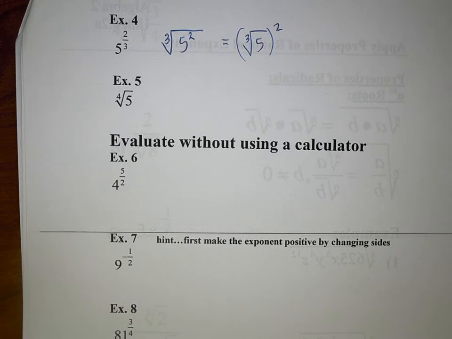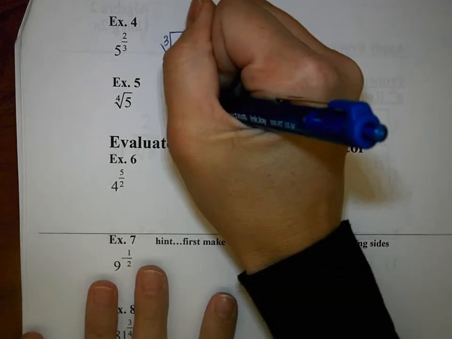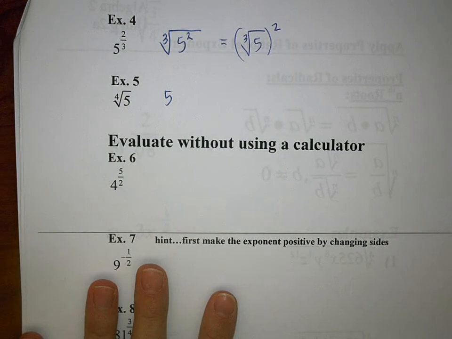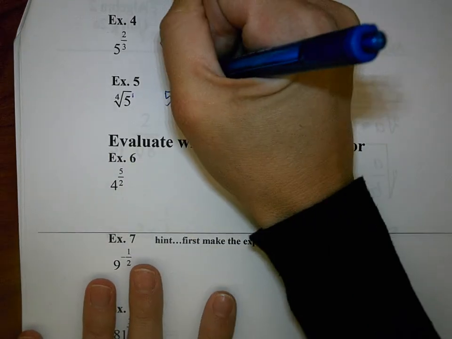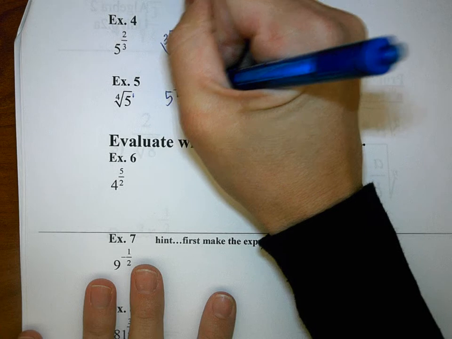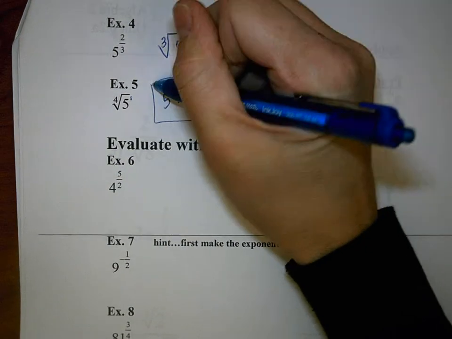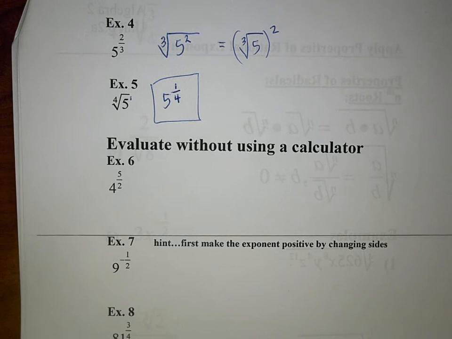So this one is 5. If they don't give me an exponent, we know that it automatically is a 1. So we have 1 as our exponent and 4 is the denominator. And that is my answer. Do I have questions?